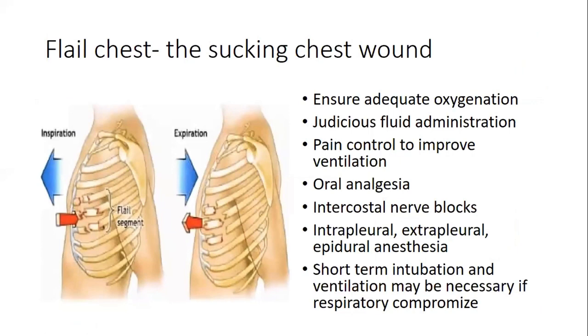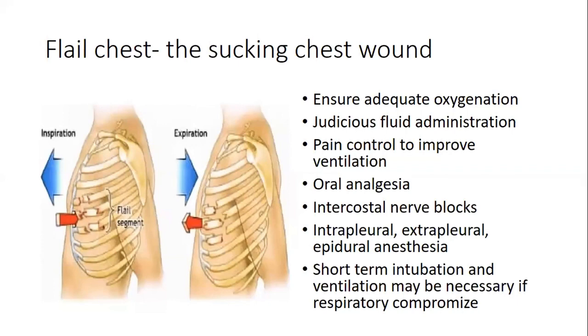Flail chest is another unique injury that happens to the chest. We have fractures happening to ribs at more than 1 point, or more than 2 ribs. That gives you a segment that is literally floating. So you inspire, and instead of the chest blowing out, the flail segment sinks in, and when you expire, the opposite happens. This interferes with your pulmonary pressures.